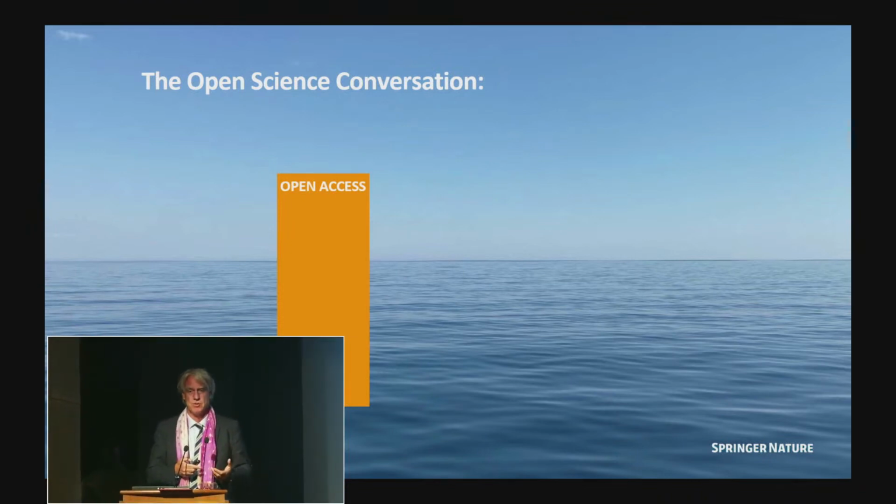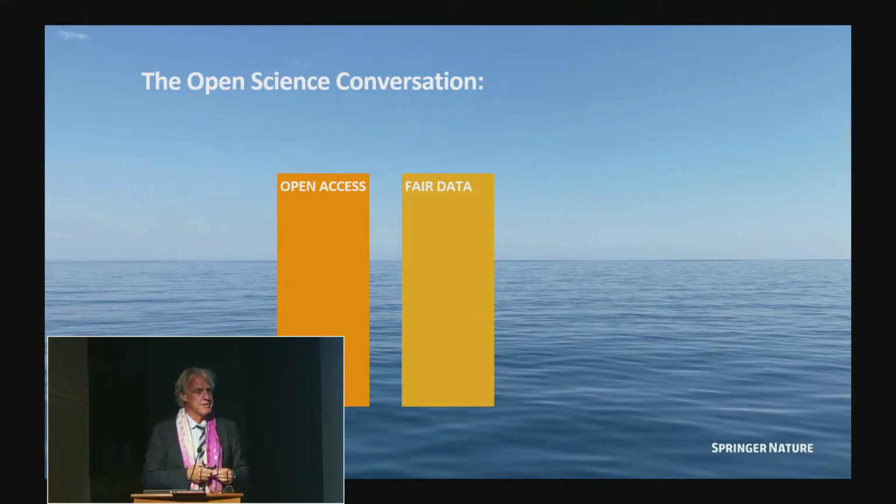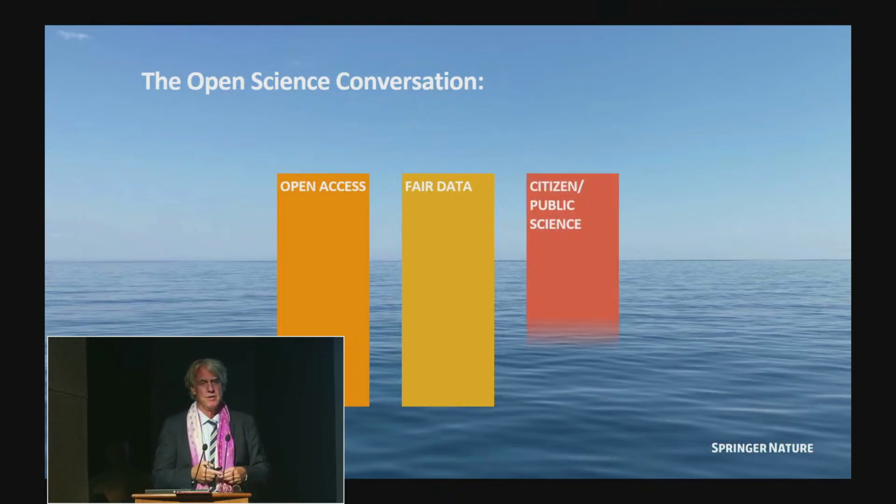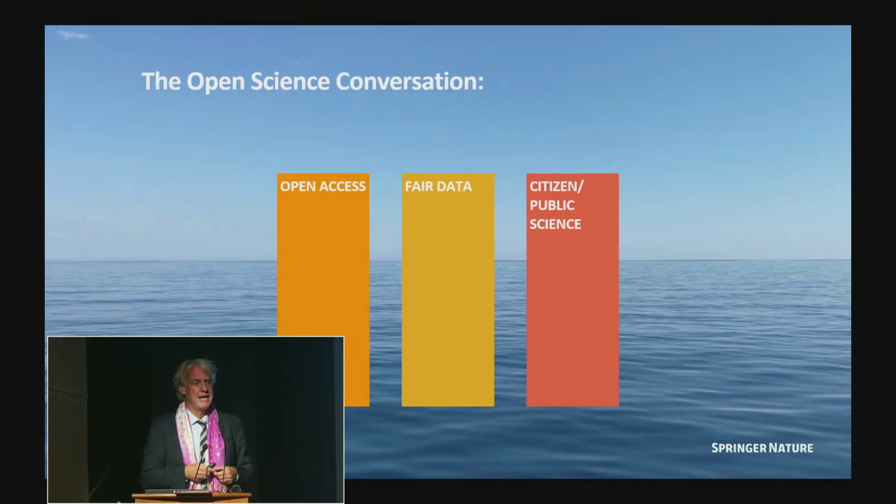But that's not all about open science, because open science also encompasses something called FAIR data, which stands for findable, accessible, interoperable, and reproducible data, which should be made available with articles and with research, so people can reproduce research as well. And then we also look at another column. We look at what we call citizen and public science and public engagement with science. All of that makes, in our view, the open research environment.